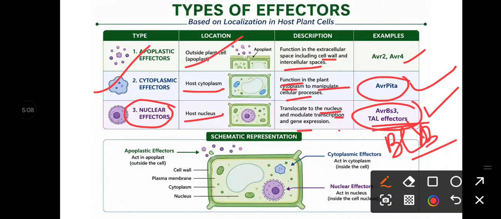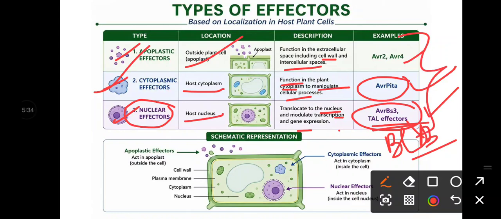So based on localization, meaning after the effector enters the plant cell, where it localizes and where it acts, three types of effectors are there: apoplastic, cytoplasmic, and nuclear. Remember these examples, these examples are very important.